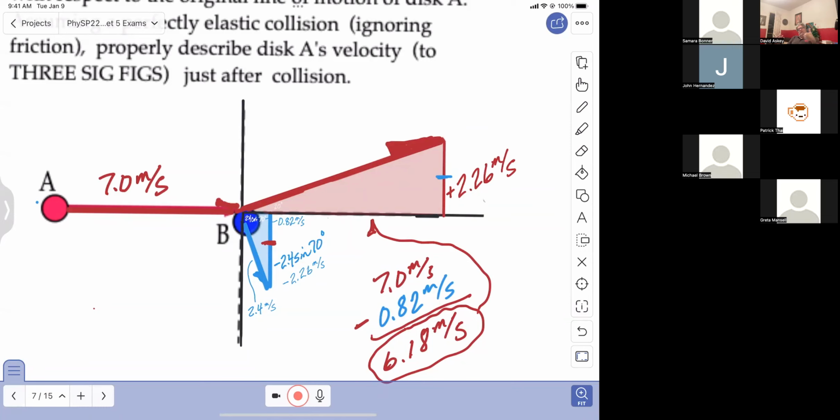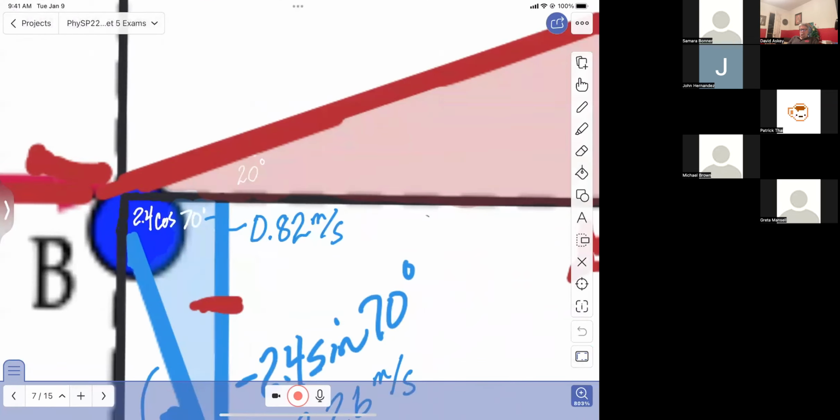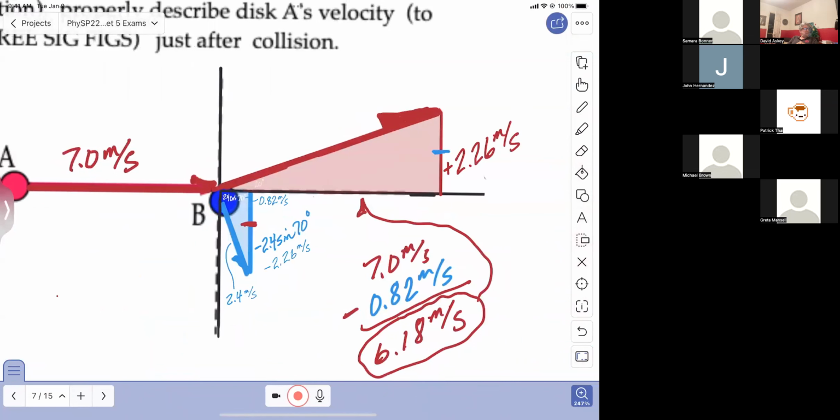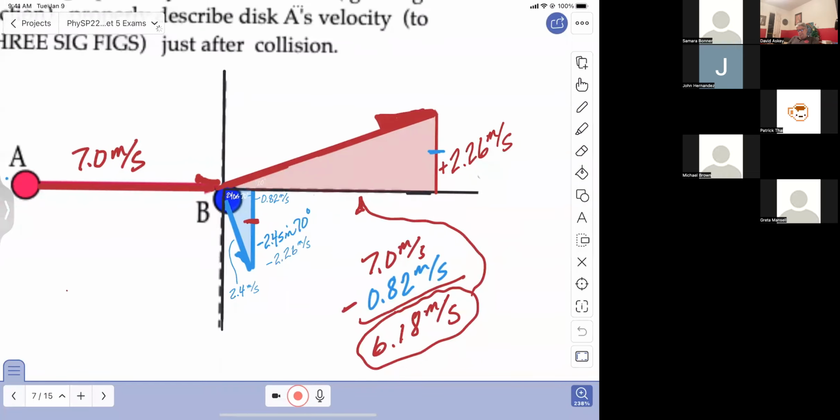So the combined x components of those velocities has to still equal 7. Got it. And since that's 0.82, I just subtracted that from 7. That's the cheap man's way of doing it. The more sophisticated way would be to do tangent of 20 degrees equals 2.26 over what? And then you'll get 6.18. I didn't do it, but you should.